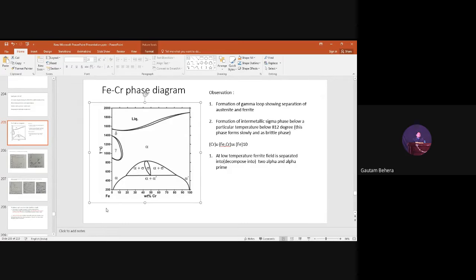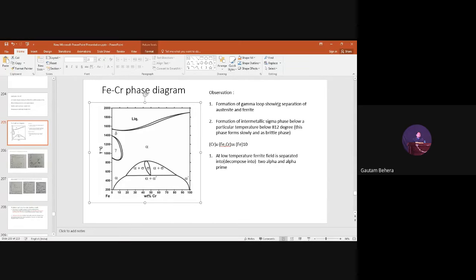The first observation is, as we know, chromium is a ferrite stabilizer. It stabilizes the ferrite phase. That means it stabilizes the BCC structure. In other words, it unstabilizes the austenite phase, or the FCC. That is gamma here, right?